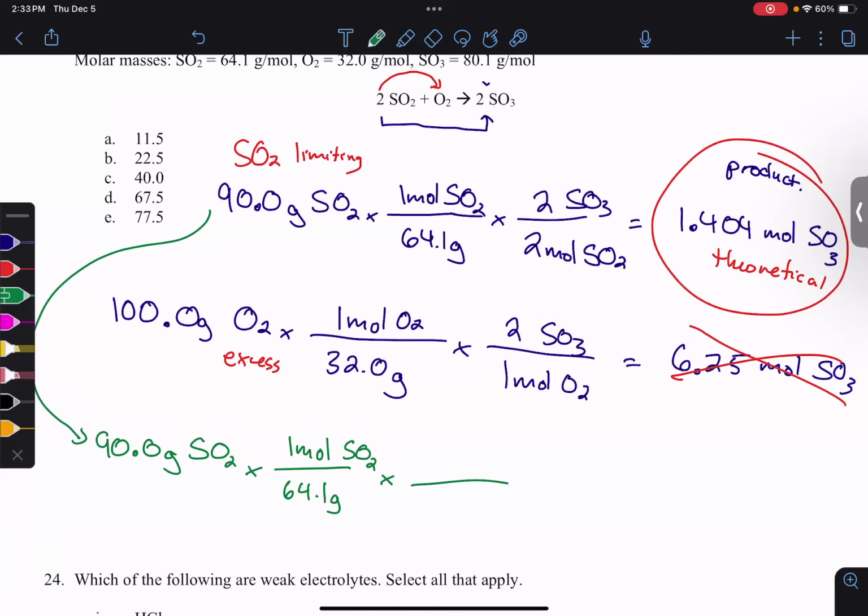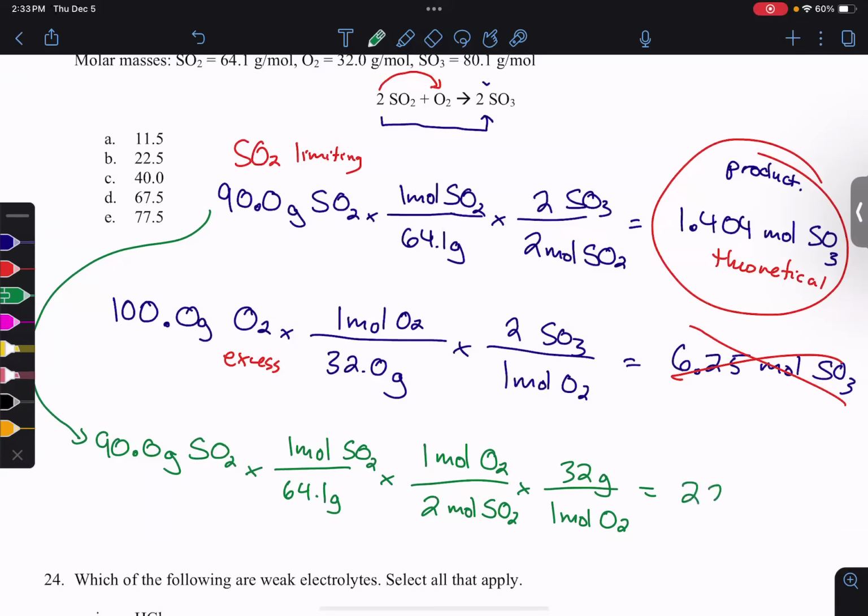So the ratio here is for every 2 moles of SO2, I need 1 mole of O2, right? And then here I am going to use its molar mass. So 1 mole of O2 weighs 32 grams. So when you do that, 90 divided by 64 times 2 times 32, I get 22.5 grams of O2.